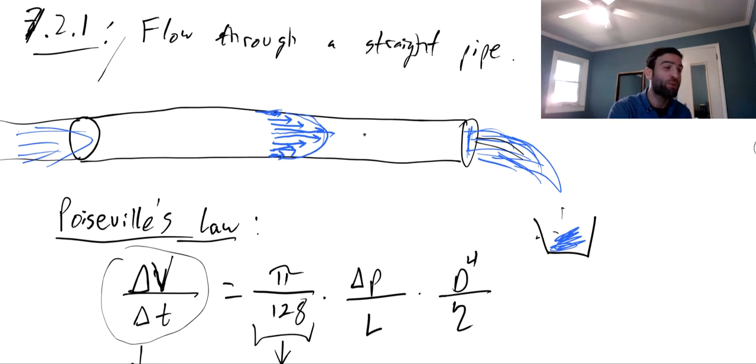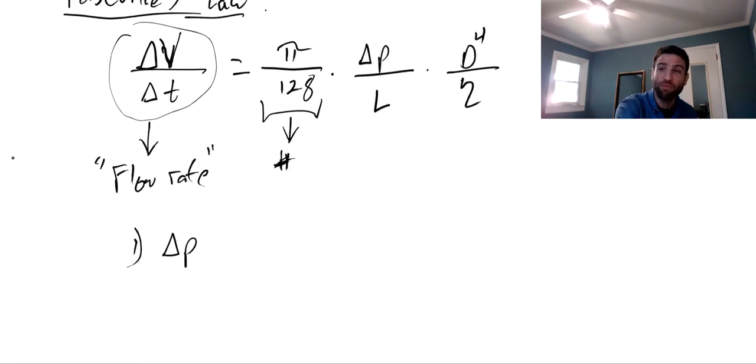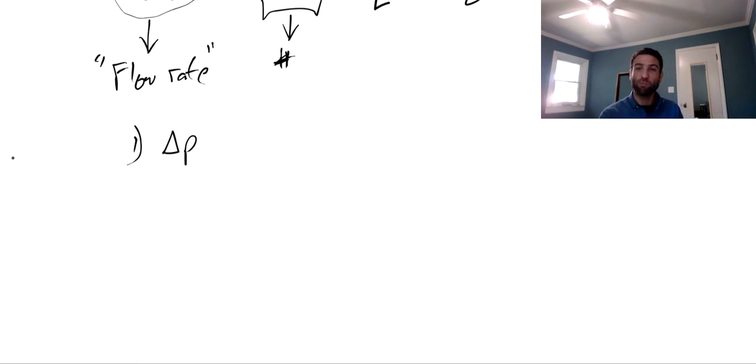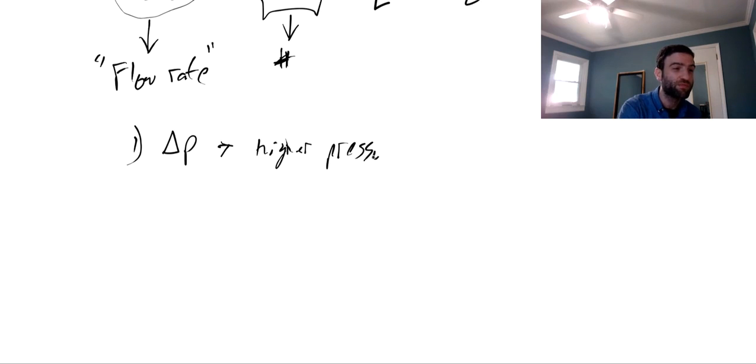So how hard we're pushing is like, well, how far above atmospheric pressure are we applying a pressure at the input end of the pipe? Okay, so the higher the pressure gradient, the greater the flow rate. I would say that makes sense. So higher pressure difference leads to higher flow rate.